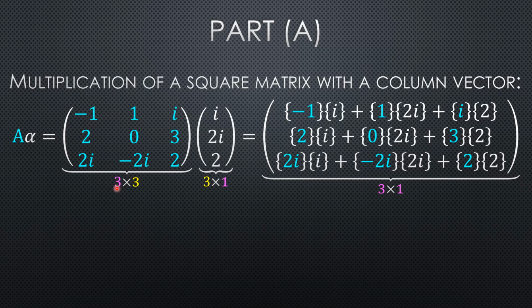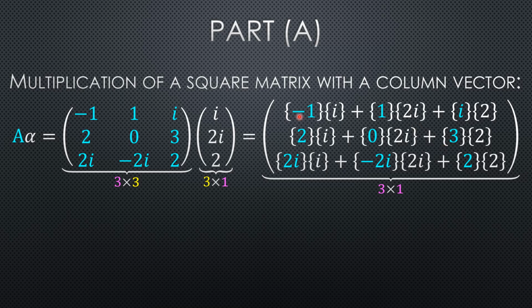So 3 rows here gives us 3 rows, while the second matrix, or the B from last video, guided the columns. So we have one column here, and we end up with one column here. So it all comes together in this nice little intertwining of vector and matrix manipulation and mechanics.